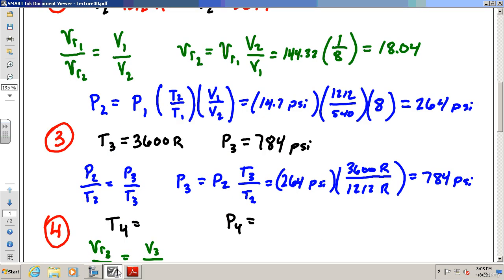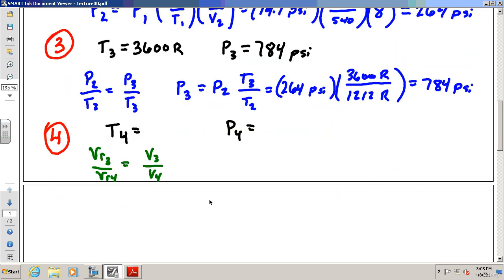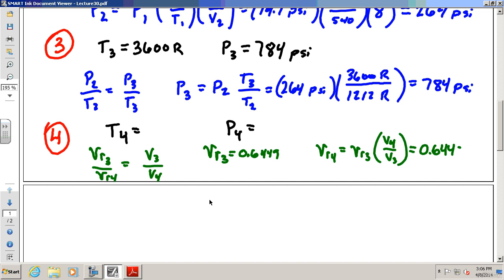So, state 3, VR3 is 0.6449. Therefore, VR4 is equal to VR3 times V4 over V3, which is also 8. So you have 0.6449 times 8, which is about 5.16.